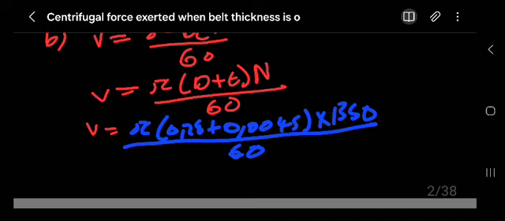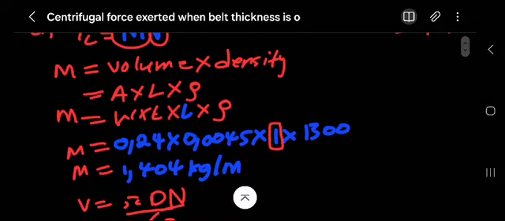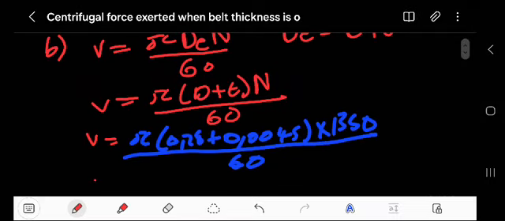Remember, the thickness is 4.5 divided by 1000, here is our diameter, and the speed is here. This is what we have substituted. If you punch that, the velocity is 20.11 meters per second.